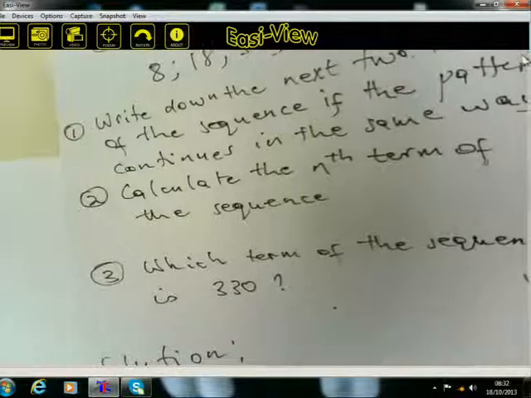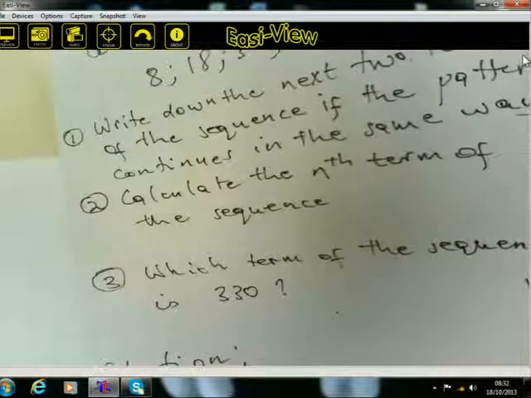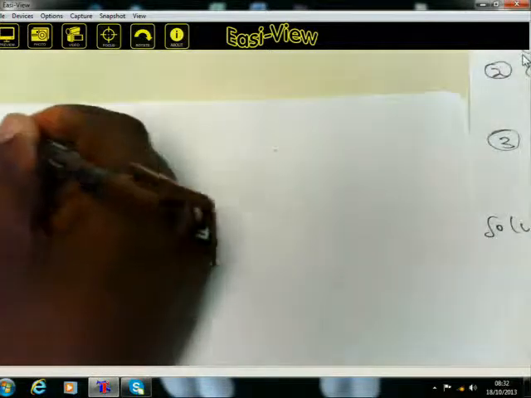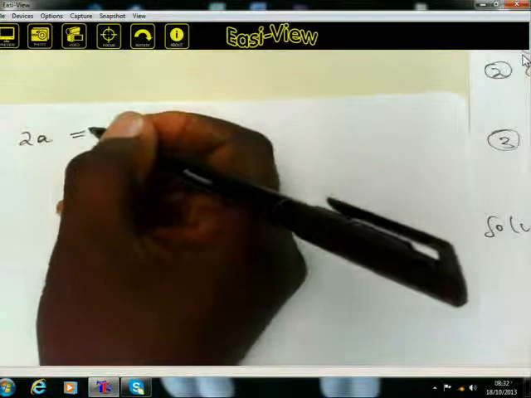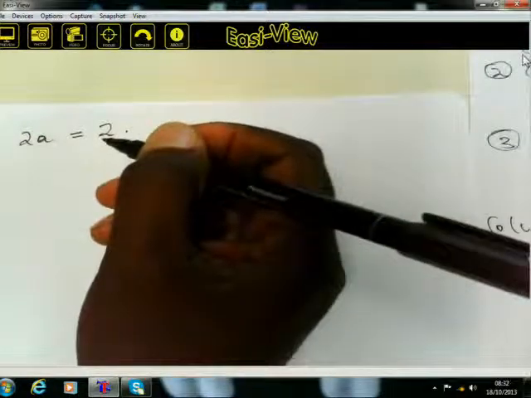Let's go again to the second part of the exercise. It says calculate the nth term of the sequence. Now, very important. We have said that A times 2 is equal to the second difference.